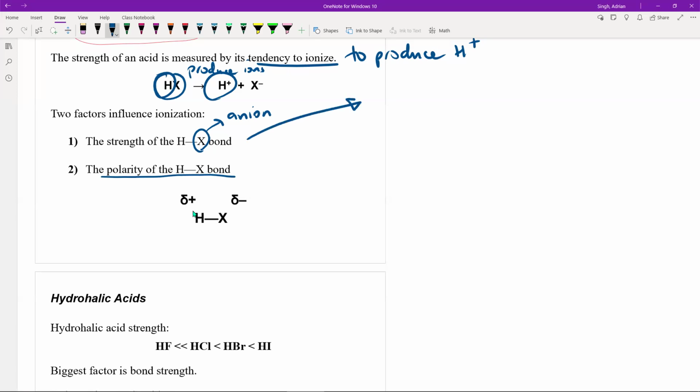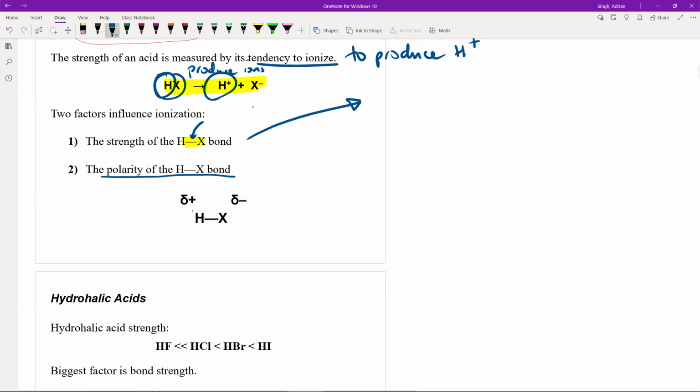All right, so we'll summarize what those trends are, and we'll take a look at an example. Think about having a bond between the H and the X being a strong bond. If this bond here, I like it in yellow, is strong, that means it's very hard to break. And if it's very hard to break, this process up here is not going to happen. And if this doesn't happen, it's not producing a lot of H plus, which means that acid is going to be weak.